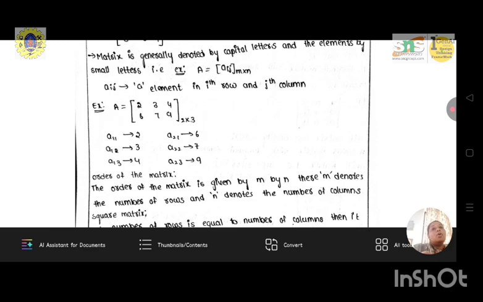Then the scalar property: if we multiply the element k with the matrix A plus B, then we can write that as k into A plus k into B. Similarly, when we add the identity element I, we can multiply with A, meaning k plus I into A is equal to k into A plus k into I into A, like that. Thank you.